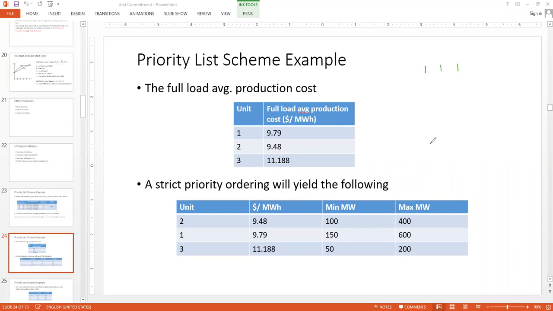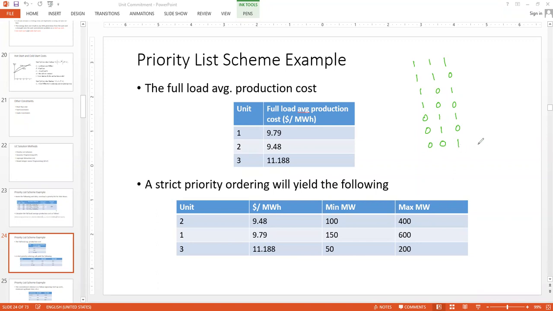If we start from here, skipping the all zero combination, and go for the binary combinations, we get something like this: 0 0 1, 0 1 0, 0 1 1, 1 0 0, 1 0 1, 1 1 0, 1 1 1. So these are the 7 combinations. I'm skipping the combination where none of the units are on.